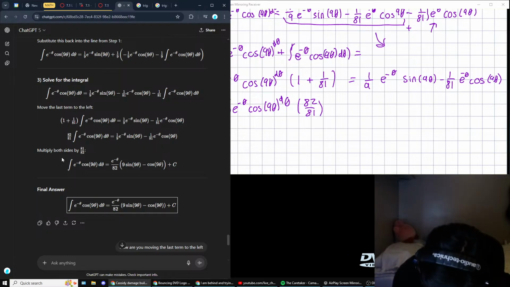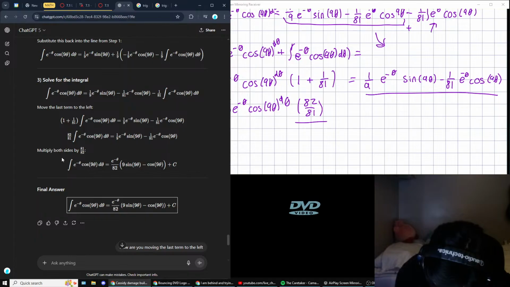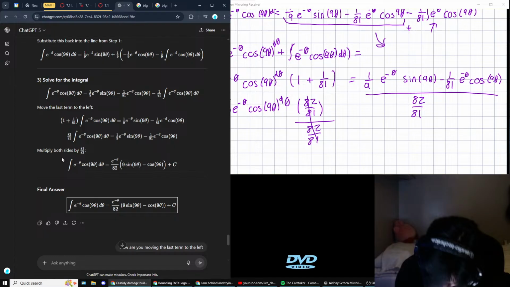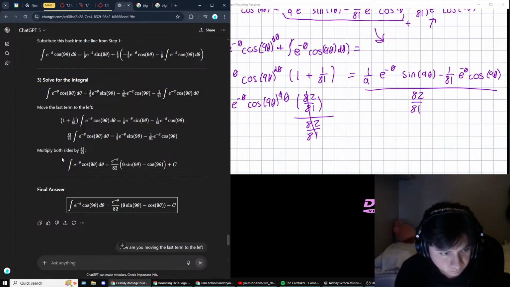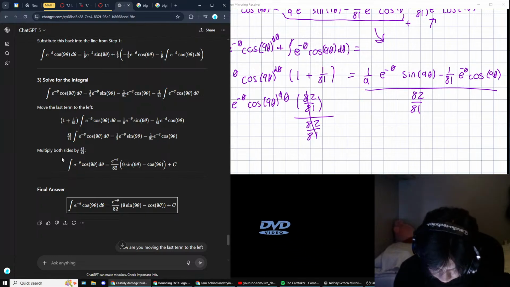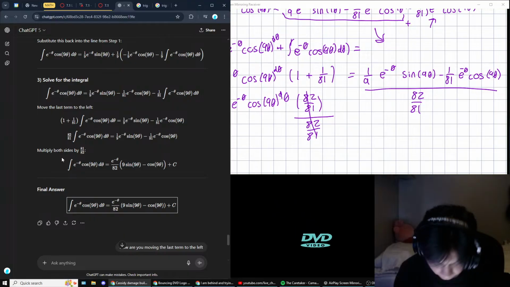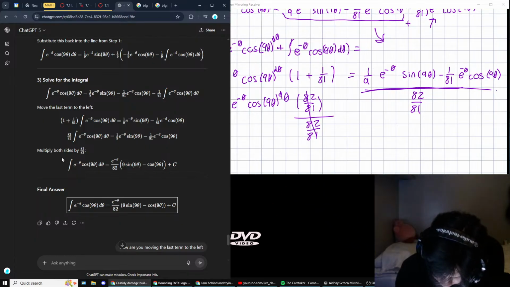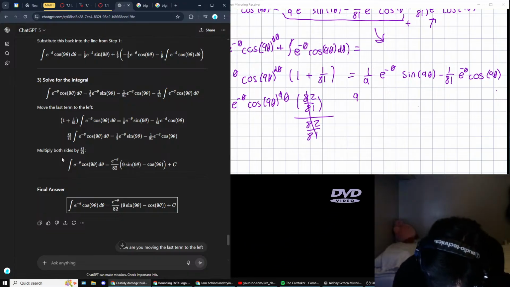You divide the whole thing by 82/81, and then I can simplify this. I factor out a 9.